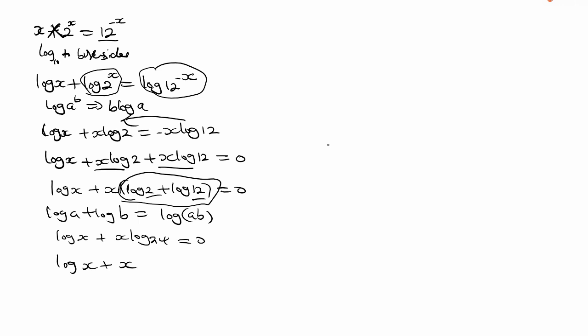I can get from my mathematical tables, or I can use a calculator, and you find that log 24 is 1.3802, and that one is log x plus 1.3802x equals 0.